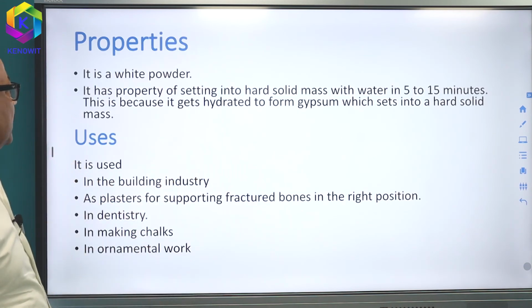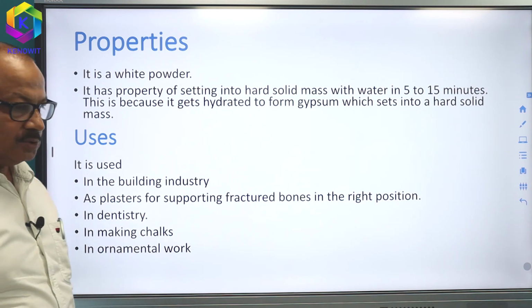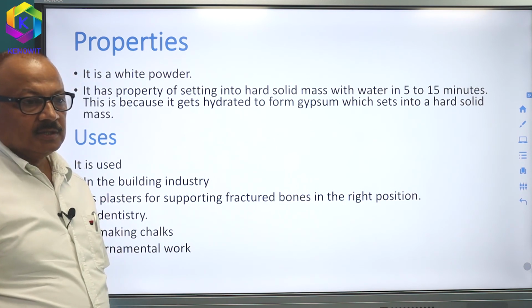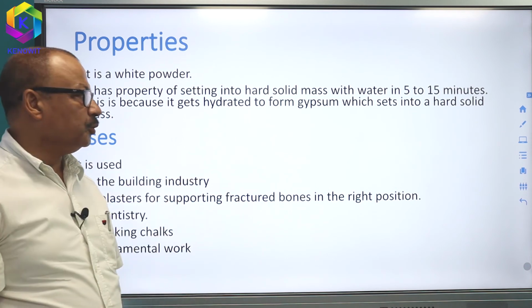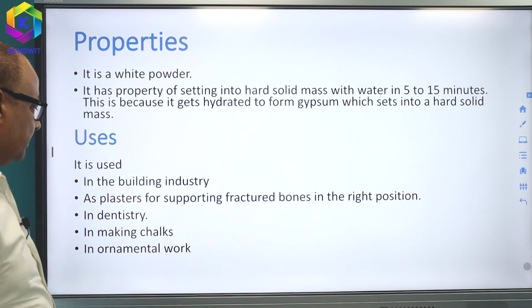Then properties. It is a white powder, it has the property of setting into a hard solid mass. That is why it is used in medical science to join fractured bones, to fix the position of bones, and in building industries, making chalks and ornamental works.